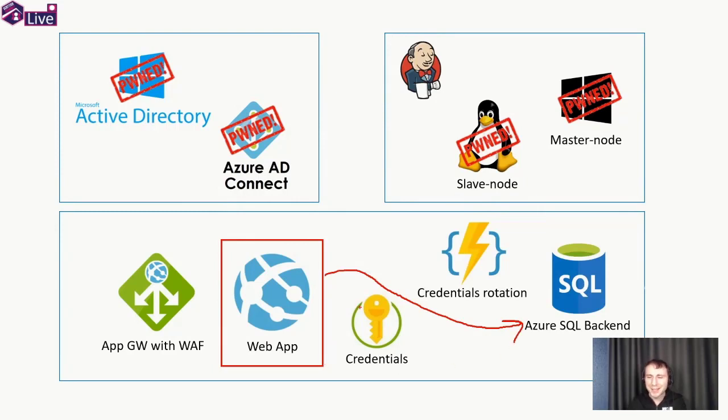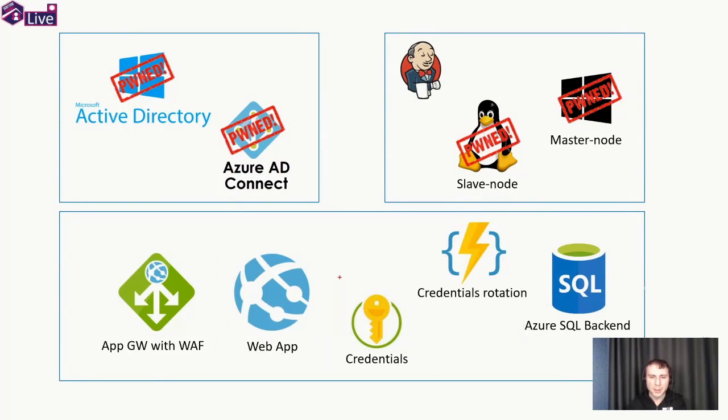But to connect to SQL database, it uses credentials that are stored in Key Vault. And credentials must also be rotated, because that's the recommendation from Microsoft to rotate credentials.